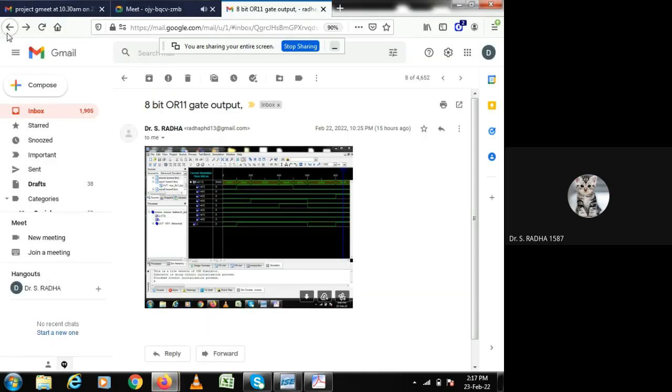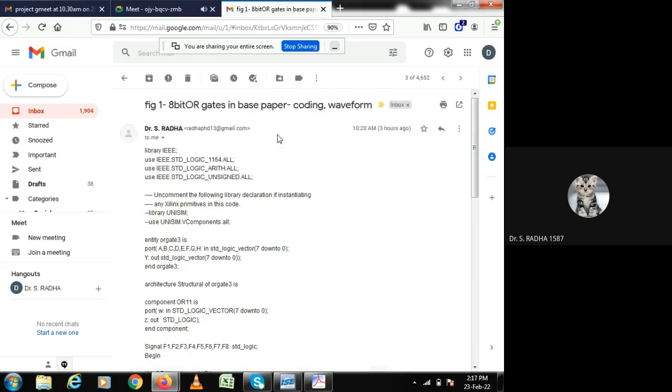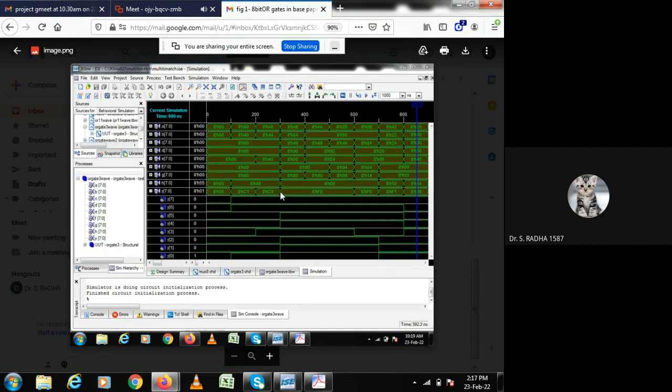And when I tried for the output with 8-bit OR gates, you can see this is the output. So first bit Y of 7 will come 0 when A is all zeros.